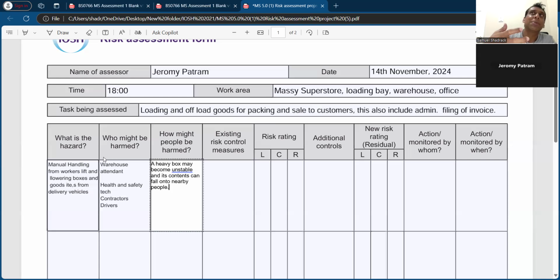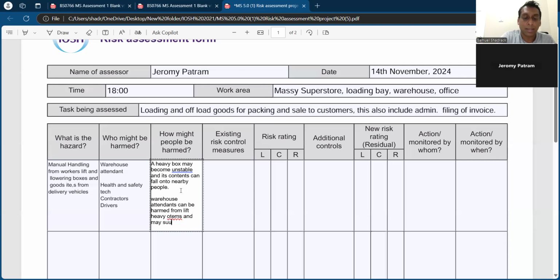Because I could have just gone with who might be harmed. So like the warehouse attendant, I could put here: warehouse attendants can be harmed from lifting heavy items and may suffer back strain, back injury, pain, slip disc, right?